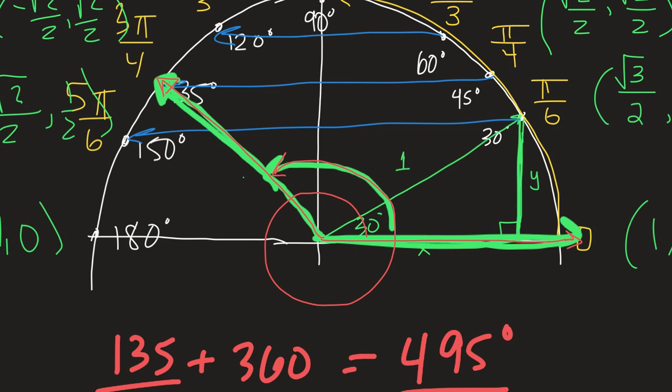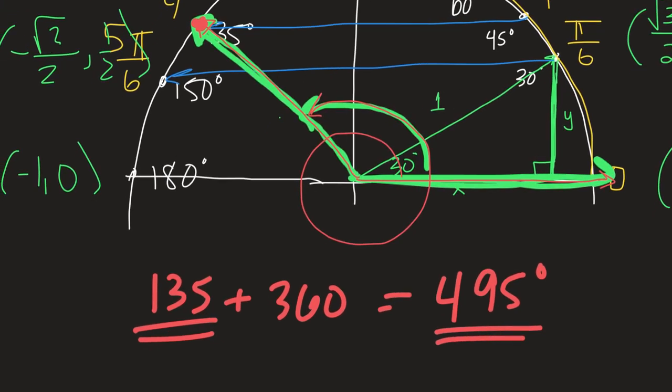You're great guessers. Okay, so what happens here is the coordinates on your unit circle for 495 are the same as the coordinates of your circle for 135. The coordinates are the exact same.